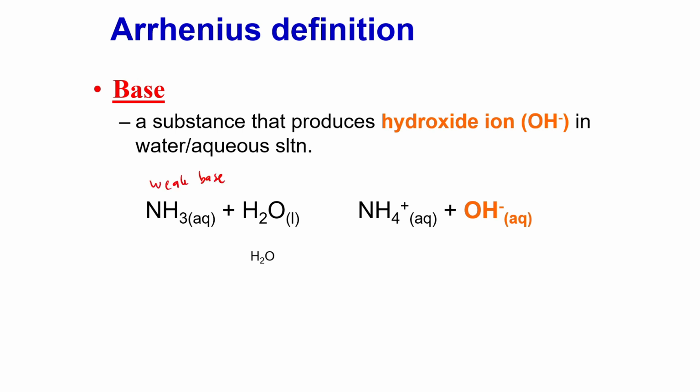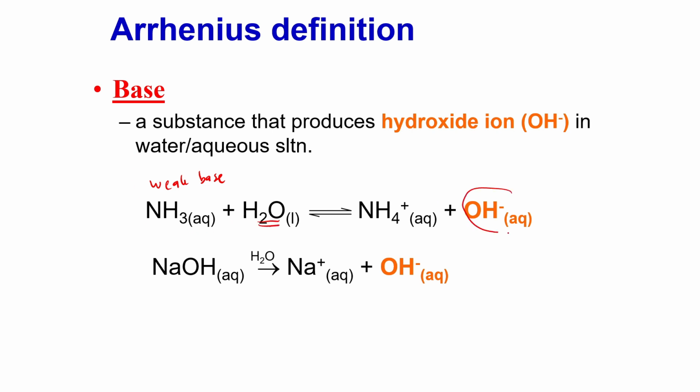So kalau weak base, reversible. So reaction NH3 with H2O akan produce OH-. So produce OH- as a product. So dia ialah Arrhenius base. So NaOH is a strong base. So upon reaction with H2O, dia akan produce OH-.